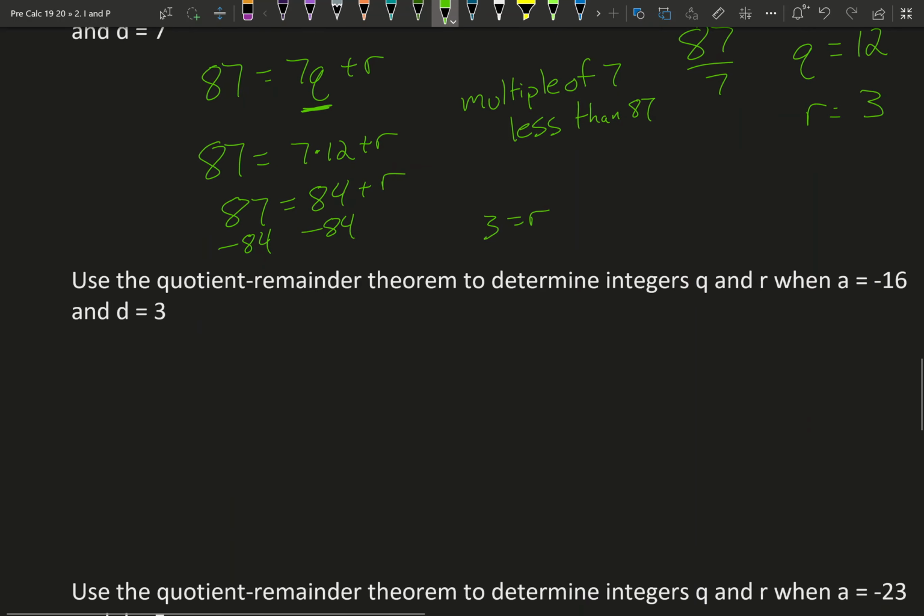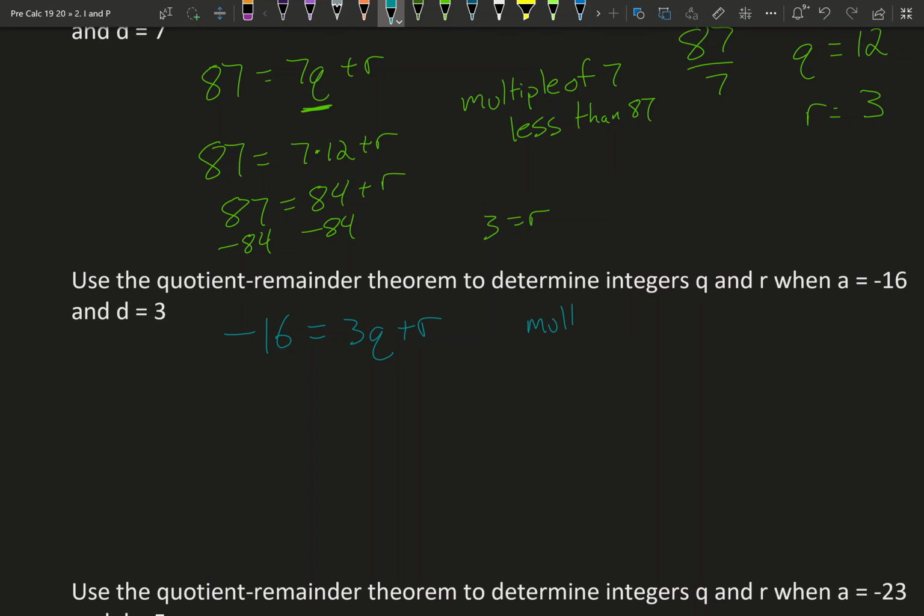Now, the reason that this can be a little tricky and we need to take a look at our exact structure here is when we have negative values that we are dividing. So we have our a value is negative 16. So negative 16 is equal to our divisor of 3 multiplied by some quotient plus some remainder.